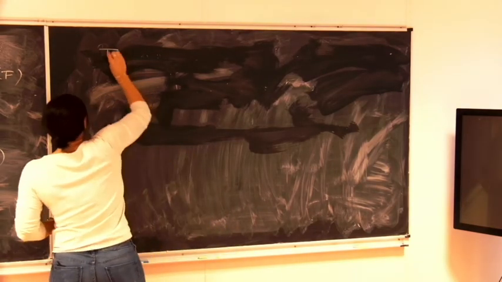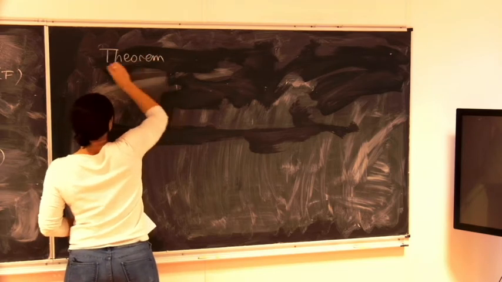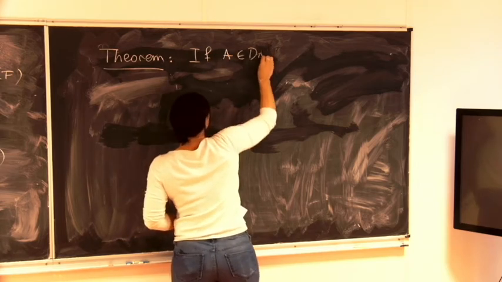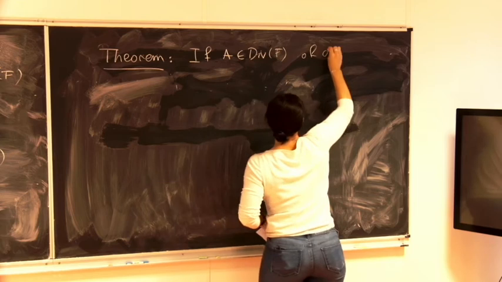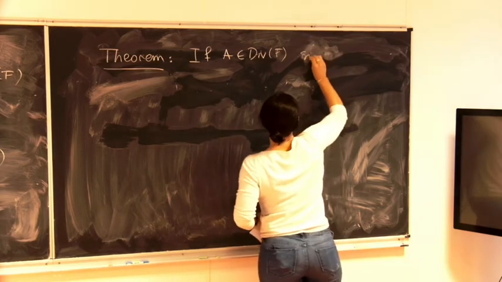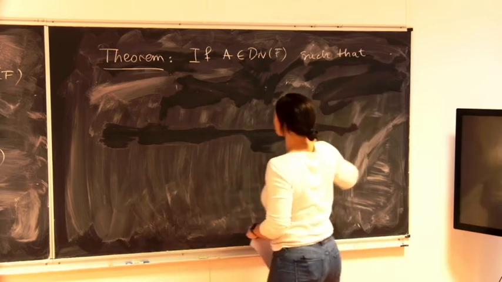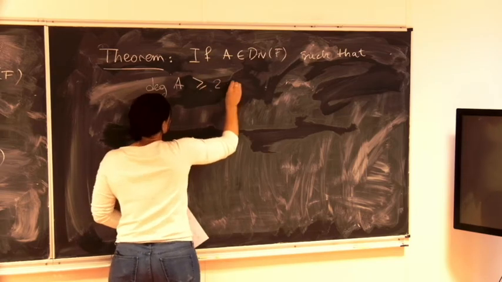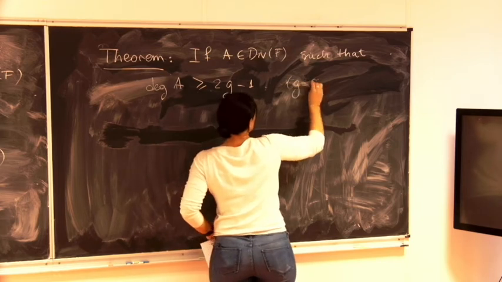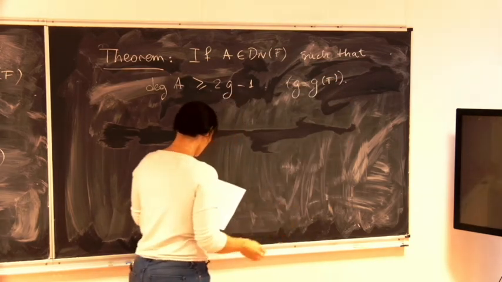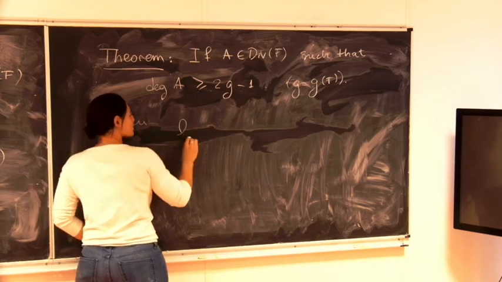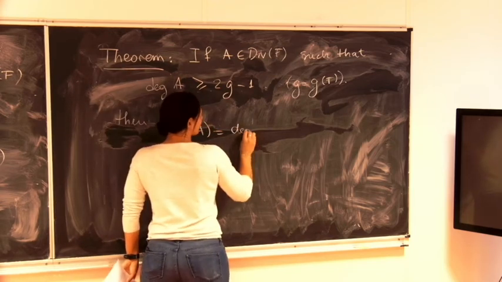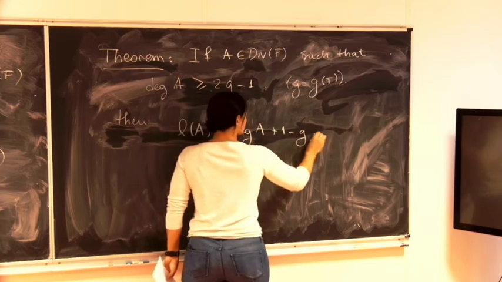But the theorem that we are going to use is that if A is a divisor such that the degree of A is bigger or equal than 2g minus 1, where g is the genus of the function field in which I'm working, then the dimension of that divisor is exactly the degree of that divisor plus 1 minus the genus.